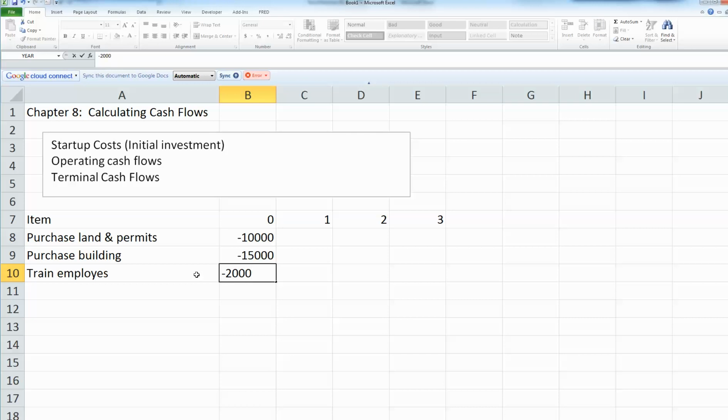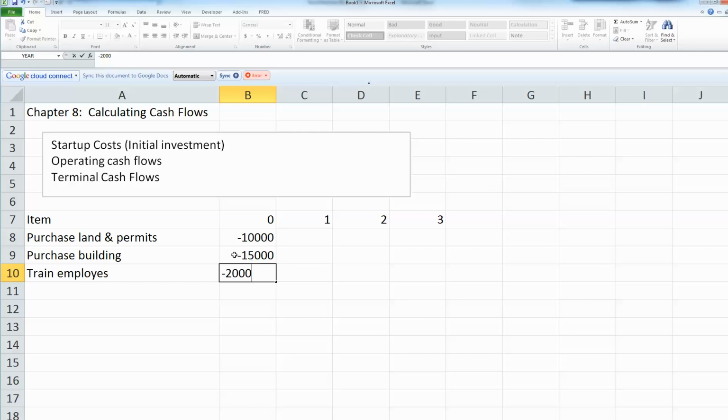The interesting thing about certain expenses is some of them are deductible the year they occur. Others are only deductible at future points in time. So training your employees would be something that you could deduct right away for tax purposes. So it would essentially save me money in taxes in the year that it happened.